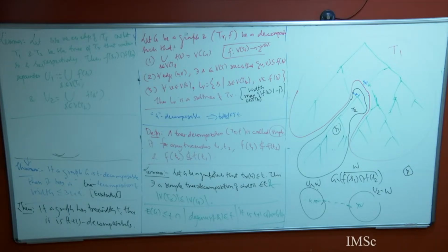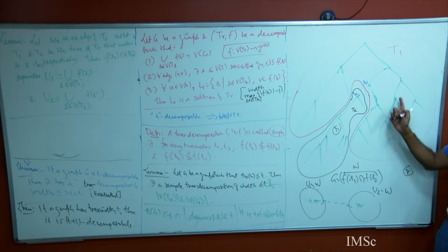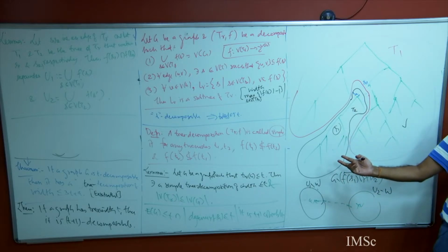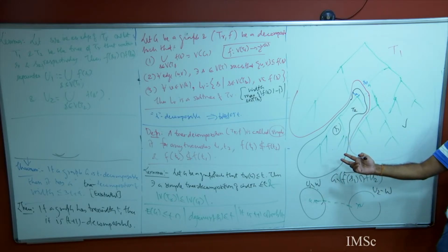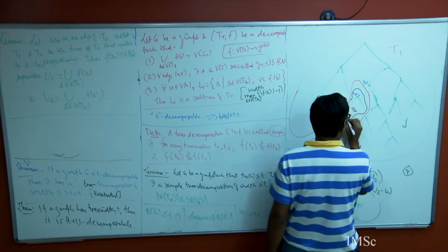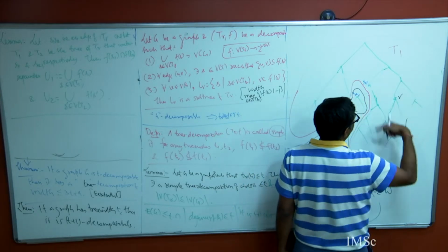Why? Because we know V is here, and if edge UV is here, then V by the connectivity property should also be here, right, because if there is a bag S which contains U and V, because there is an edge, and I know V appears somewhere here.